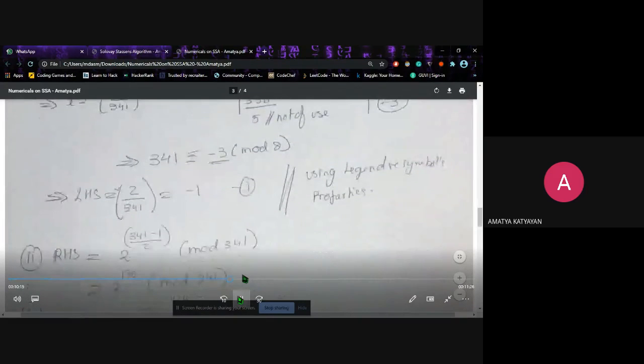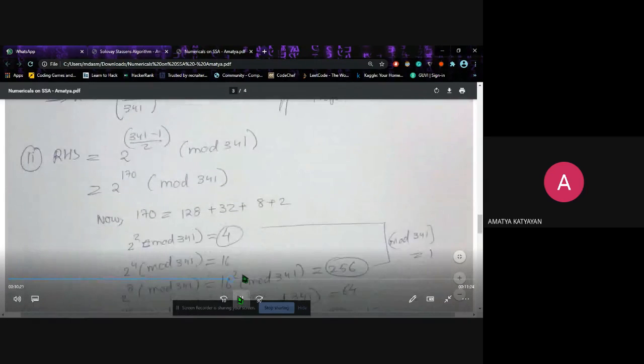Proceeding further with RHS. For RHS, we had the value a raised to n minus 1 upon 2 modulo n. So 2 was our a, raised to 341 minus 1 upon 2. This would give us the value 170, and 2 raised to 170 mod 341.